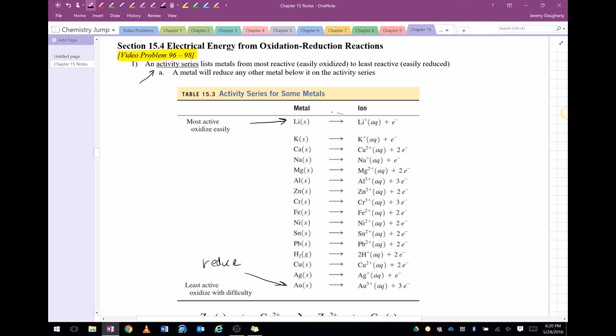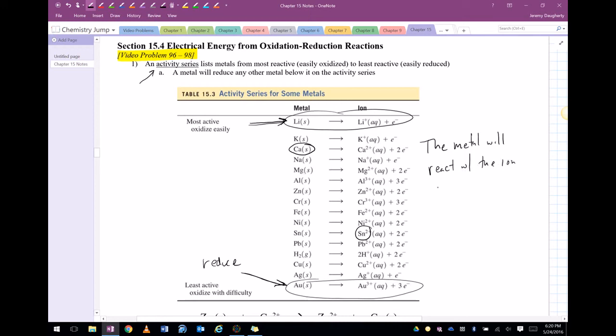So if these guys oxidize very easily, these guys reduce very easily, then if this oxidizes very easily, it doesn't reduce, and if it reduces very easily, it doesn't oxidize. So basically, the metal will react with the ion that's below it. And that's the way an activity table works.